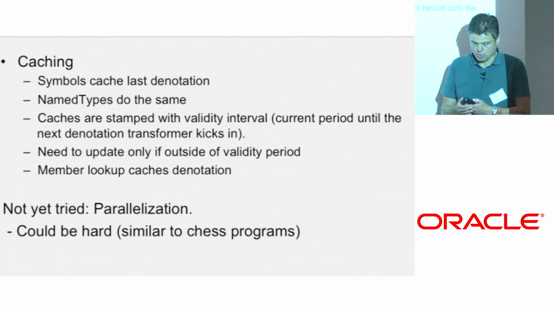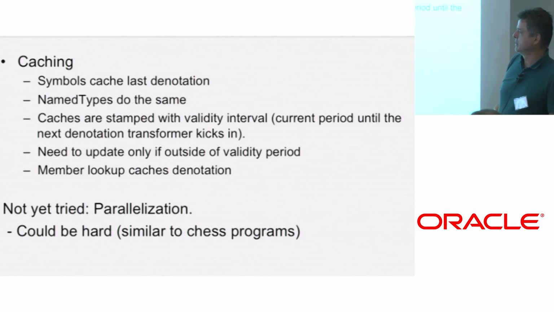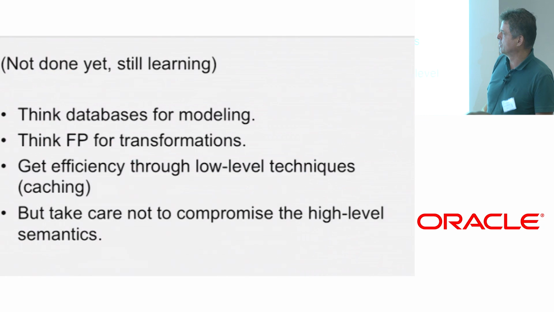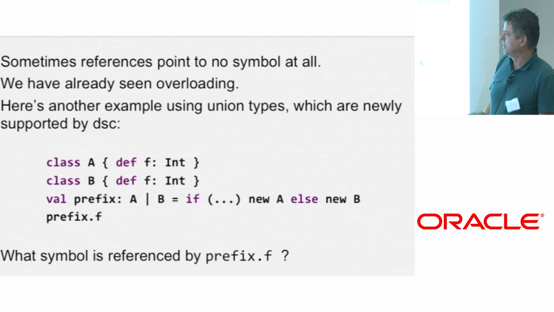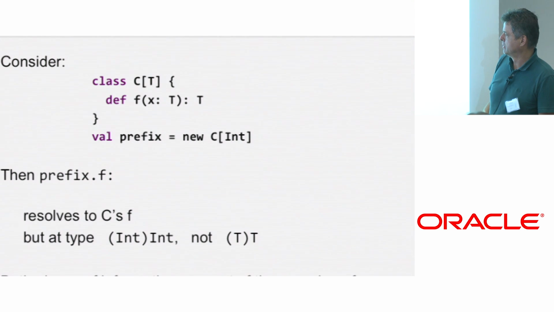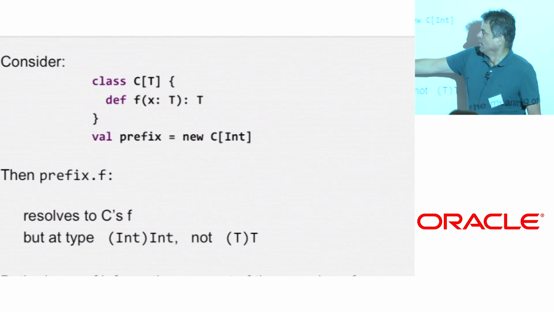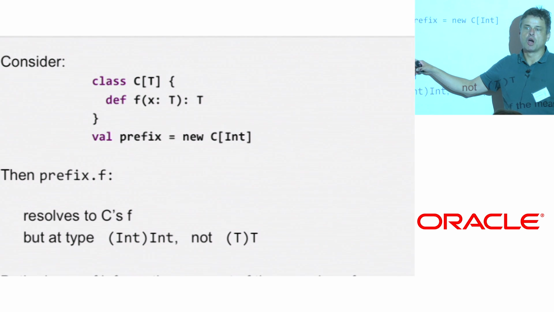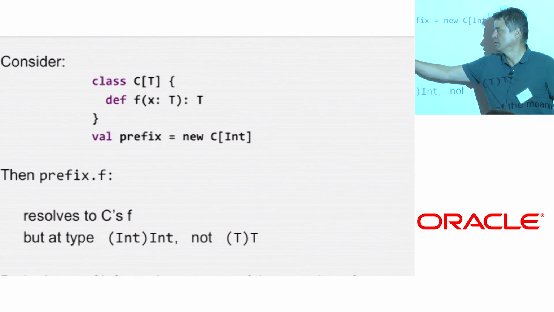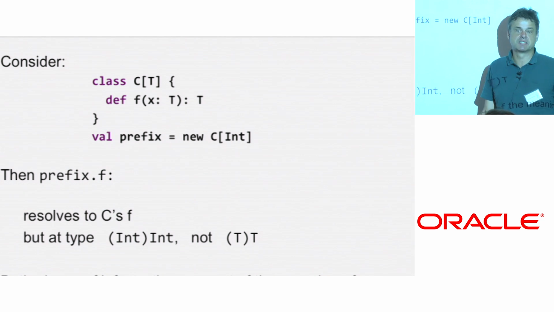The other thing we do is that if you want to get the member, something like prefix.f, that's of course a very common operation: take the member of a thing with a certain prefix, what's its type?